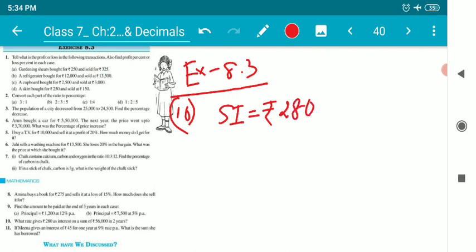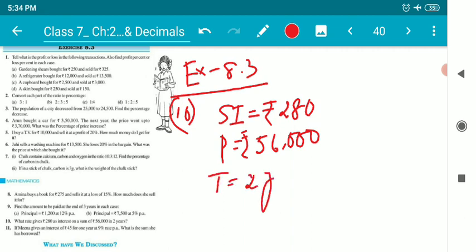The principal amount is 56,000, the sum on which the interest has been calculated. Time is already mentioned to us, that is 2 years.